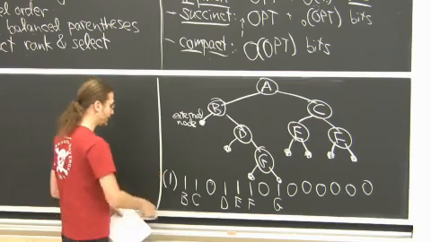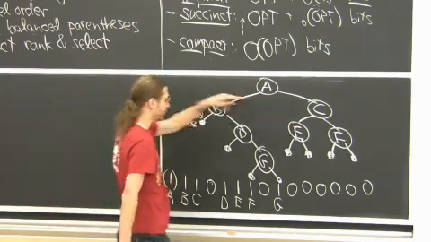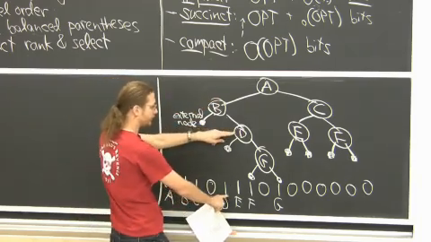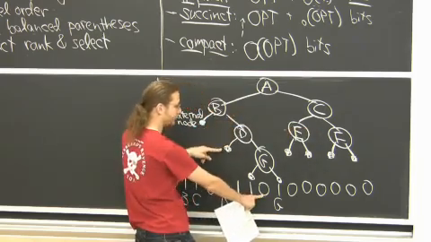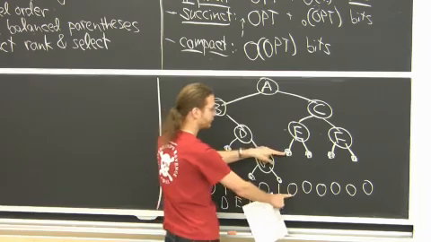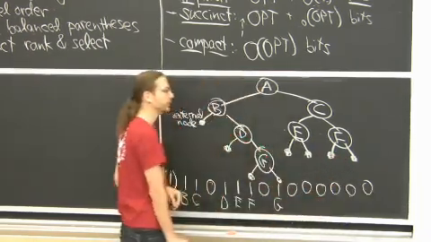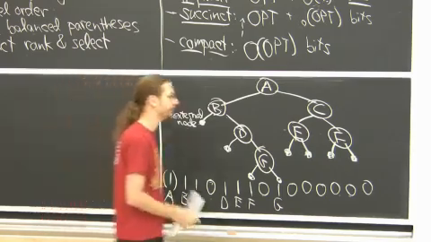Right? A here is internal, B is internal, C is internal. This is an external node. Then this is internal, internal, internal. Then external, G, external, external, external, external, external, external. Right? The zeros correspond to external nodes because those are absent children. So same thing.